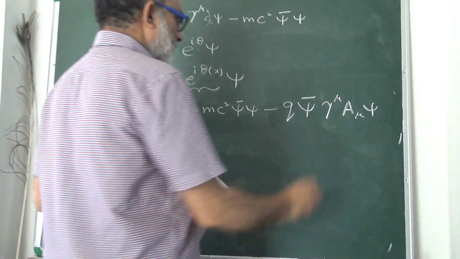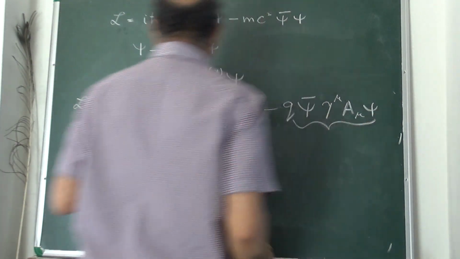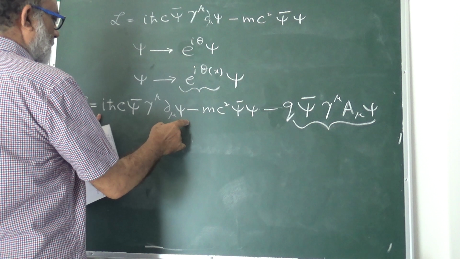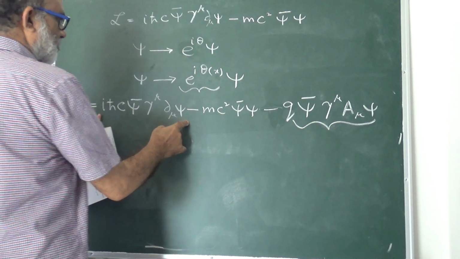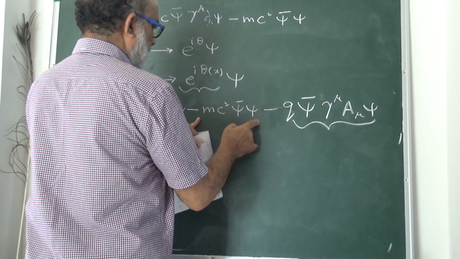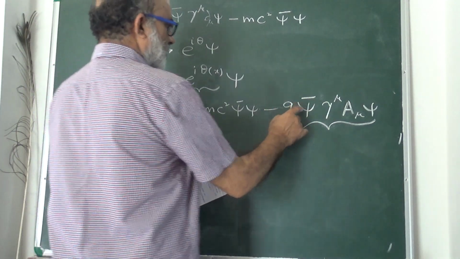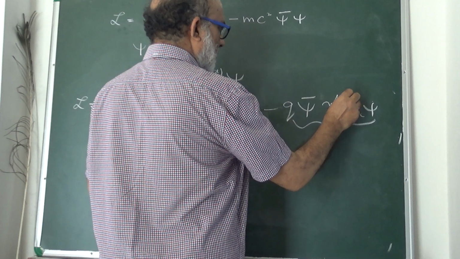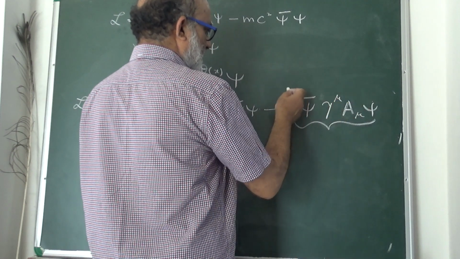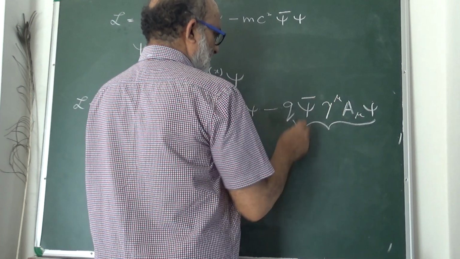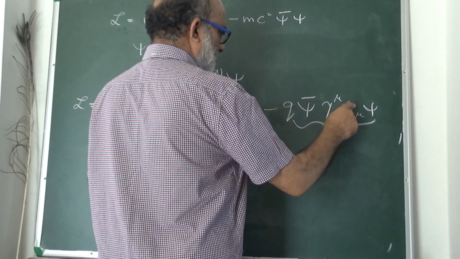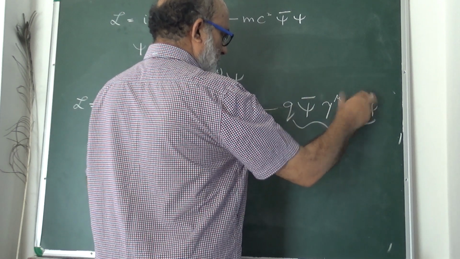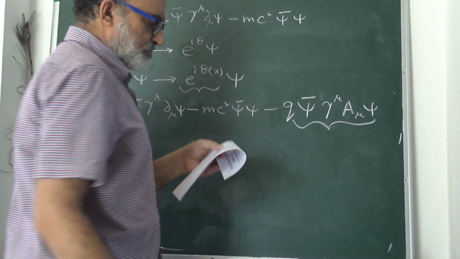This is the kinetic energy part of the fermion field, this is the potential energy part of the fermion field, and this is the interaction between the fermion field and the electromagnetic field, where q is the coupling constant, the constant by which these two fields couple.